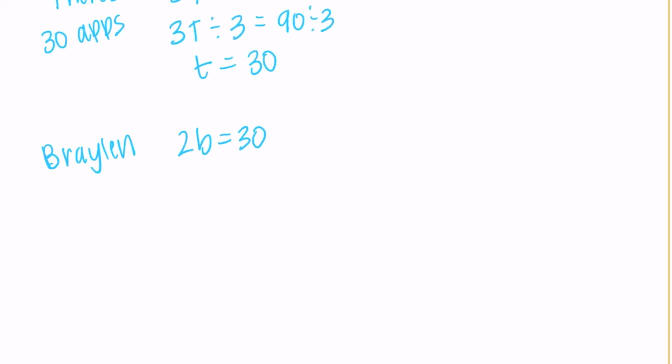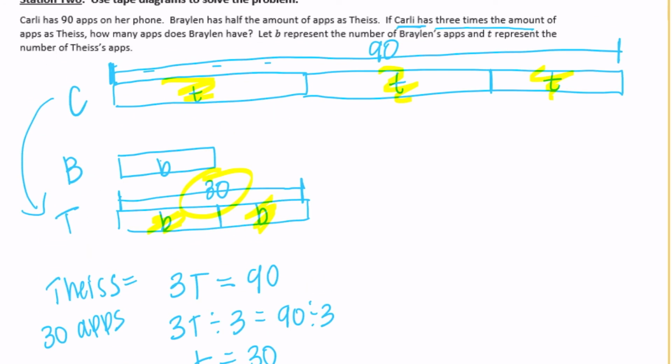So we can do 2 times b divided by 2 will be equal to 30 divided by 2. So b is equal to 15. 30 divided by 2 is 15. So Braylon has 15 apps on his phone.